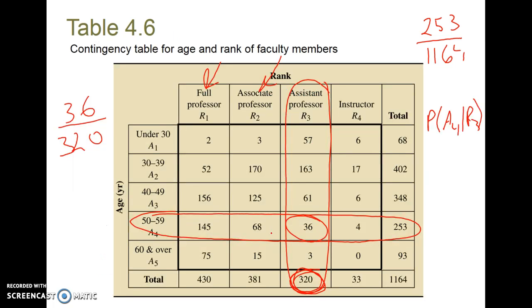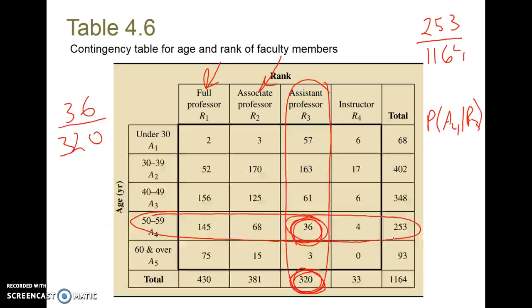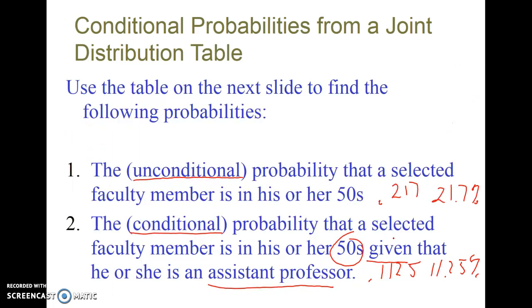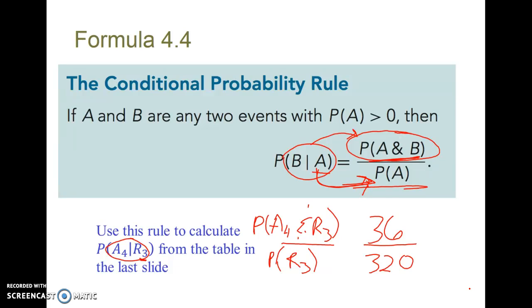A4 and R3 is right here. That's the numerator, and so the probability of A4 and R3 is 36. If I divide 36 by 320, I get the same thing that I had here, which is 0.1125 or 11.25%. That's how the formula works, and the formula will work all the time.